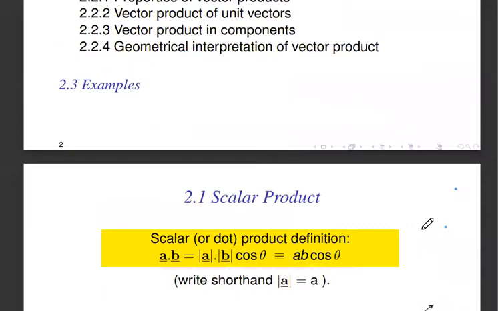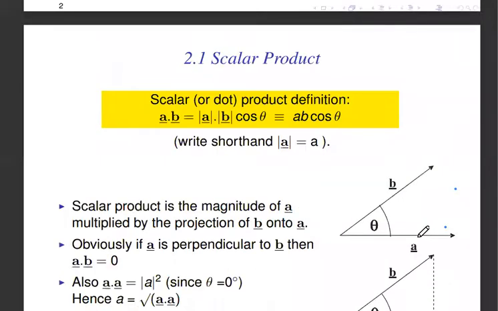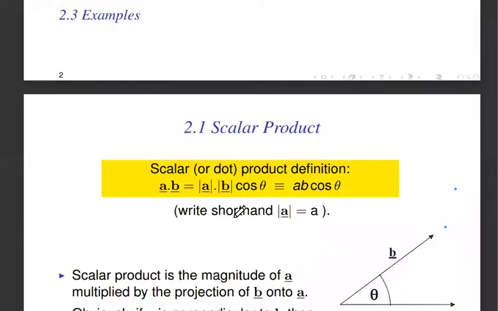So this is called scalar product or dot product, right? I think you have learned this one in your A levels. Now we have two vectors a, b. Now we are going to multiply these two vectors, right?